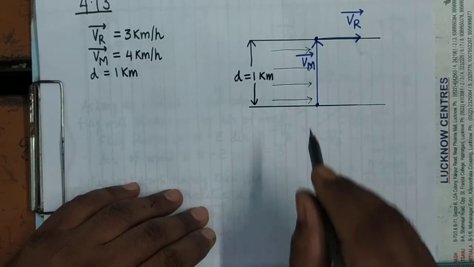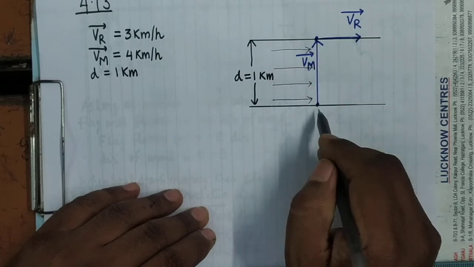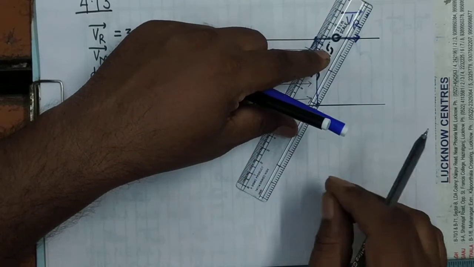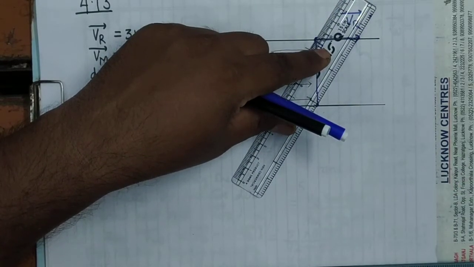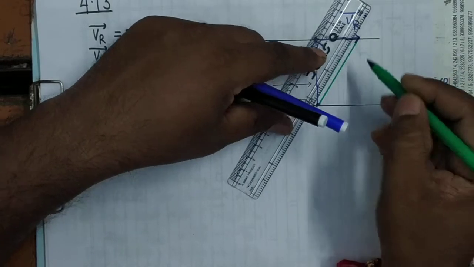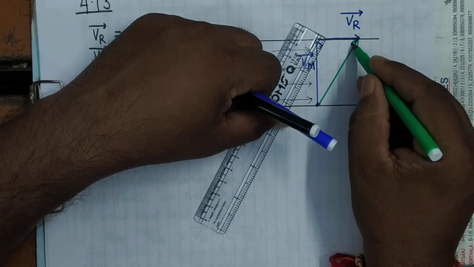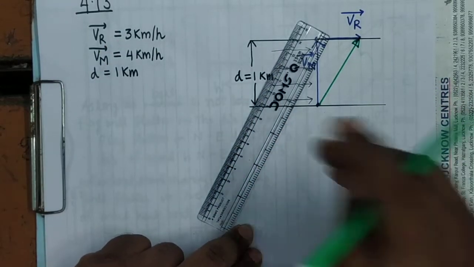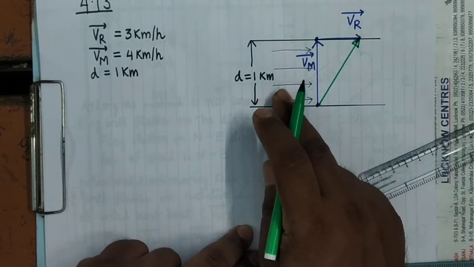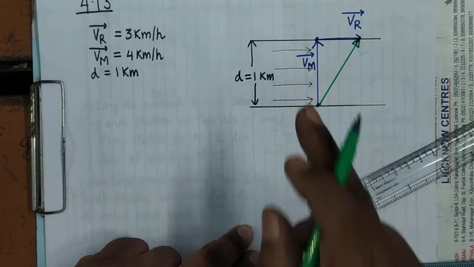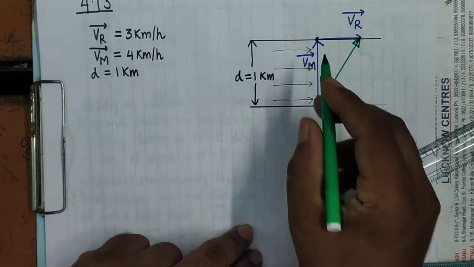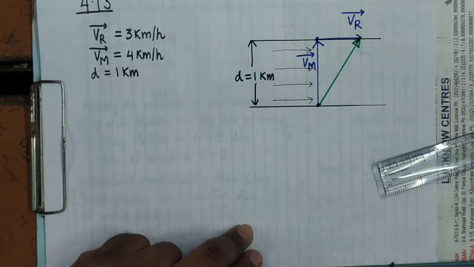So see here, though relative to water he is moving in this direction, to any observer on the earth, he will find to go in this direction. It's clear? Means relative to earth, relative to someone at the bank, he is going in this direction. It's clear? Because this river current is forcing the man. Here it is not the relative velocity. It is applying the force on the man to go in this direction, to go down the river.